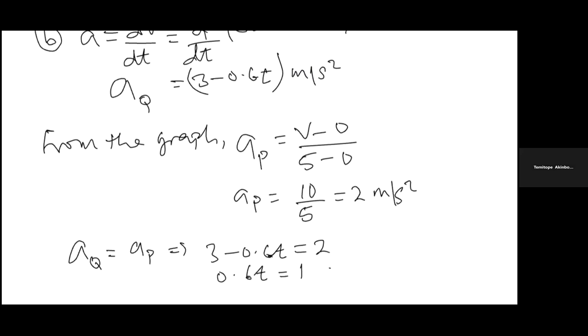So t will be 1 over 0.6. So that will be what? With your calculator, please. 1.667. So let's do 1.67 in 3 significant figures, seconds. Hope that is clear.